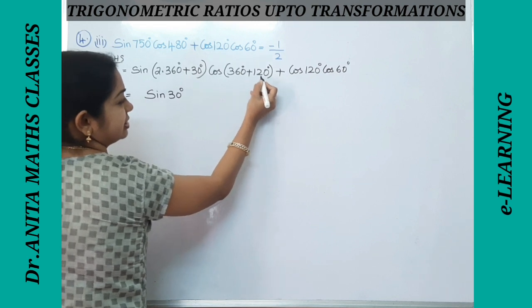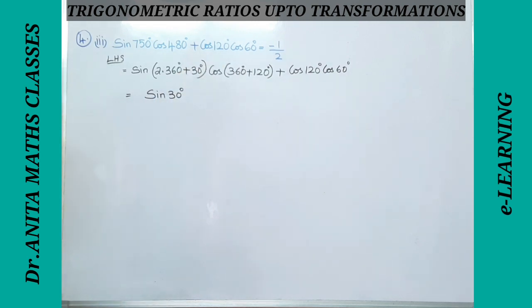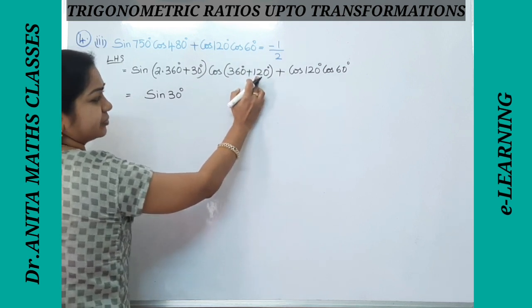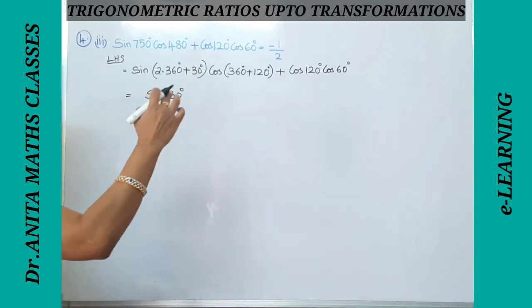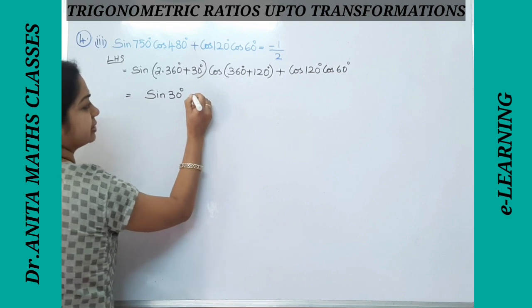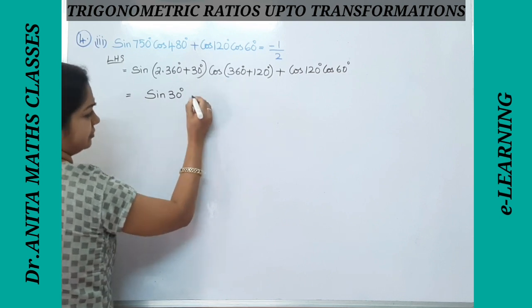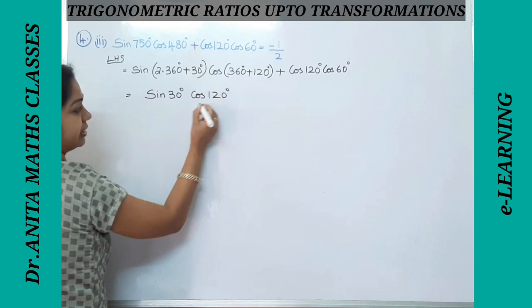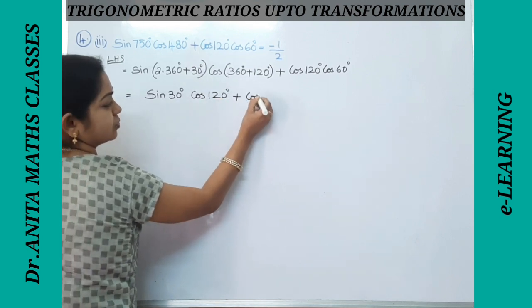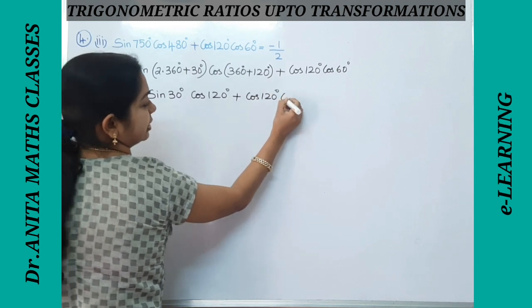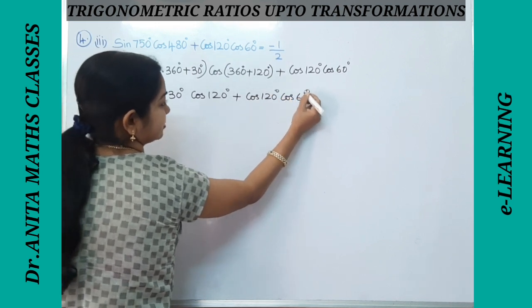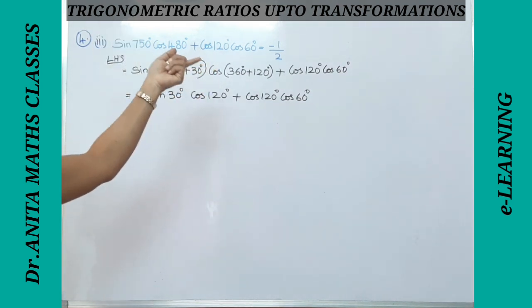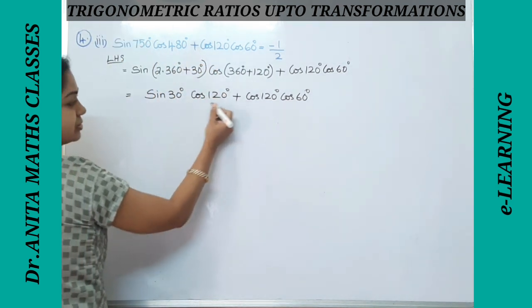And here 360 plus 120 also comes to the first quadrant, so cos 480 is cos 120 degrees, plus only, not minus, because it is 360 plus. So we have cos 120 degrees and cos 60 degrees.